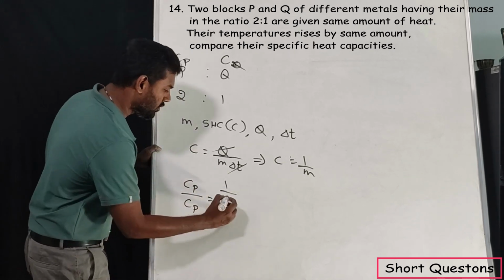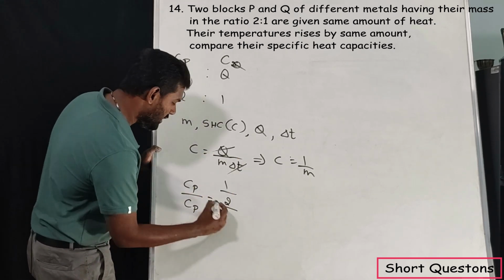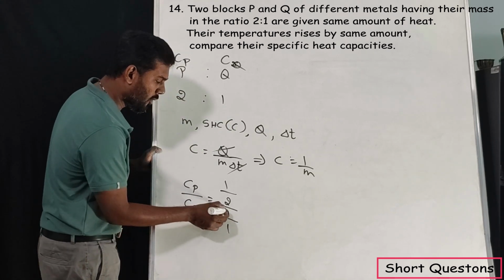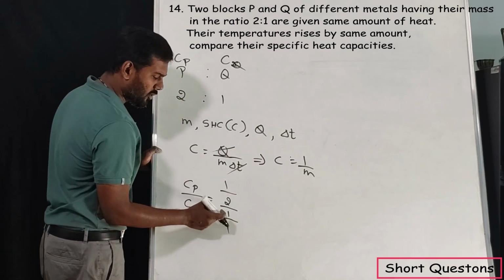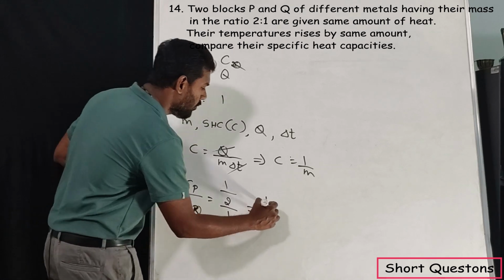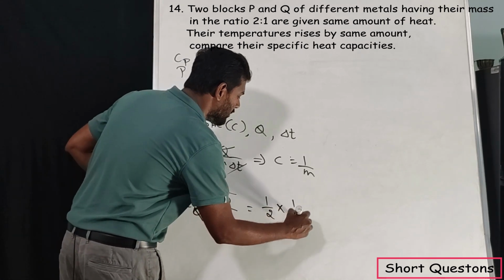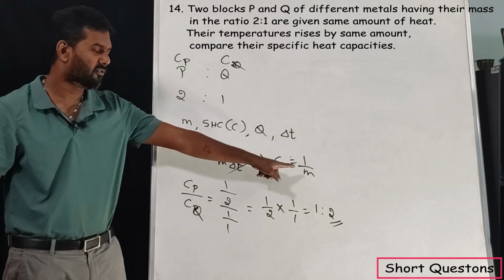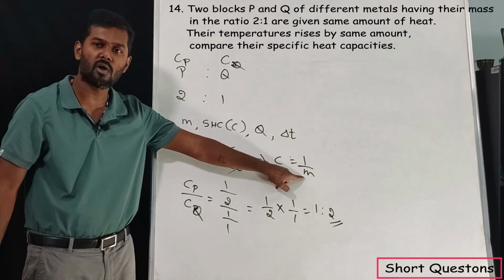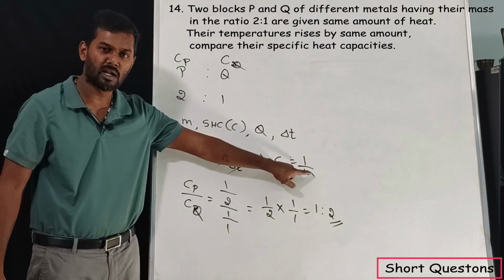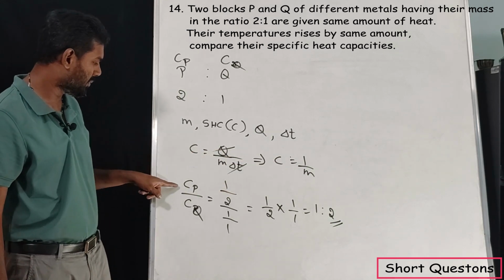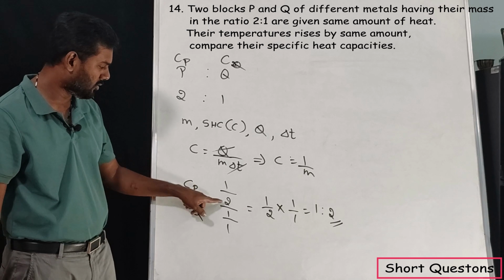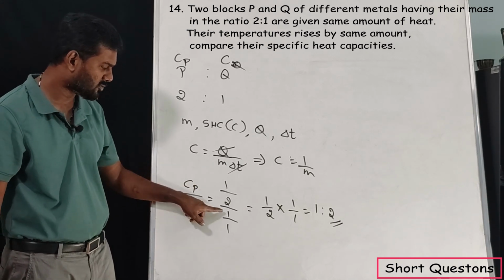Mass is given as 2 for P, and for Q the mass is given as 1, and C is equal to 1 by M. So 1 by 2 into 1 by 1, that is 1:2. See, here we got the formula. Whatever the mass is, you have to substitute it in the denominator. For block P mass is 2, so 1 by 2, and for Q mass is 1, that is 1 by 1.